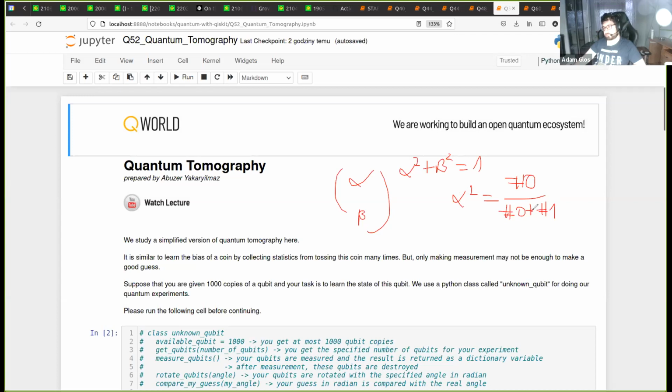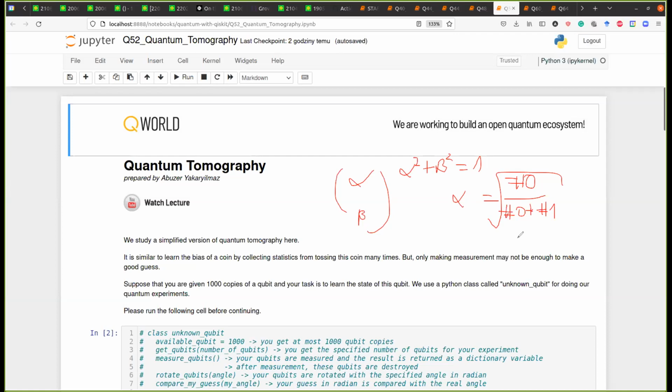This is a computer science nomenclature. And if you want to learn the value of alpha, then we just take the square root of it, right?